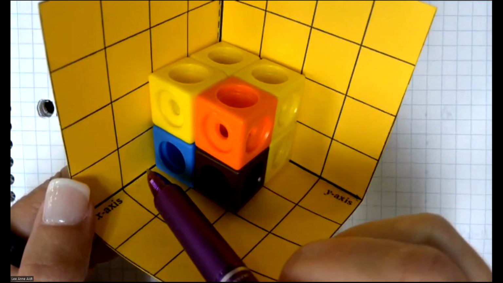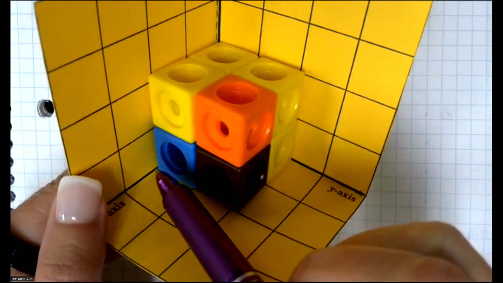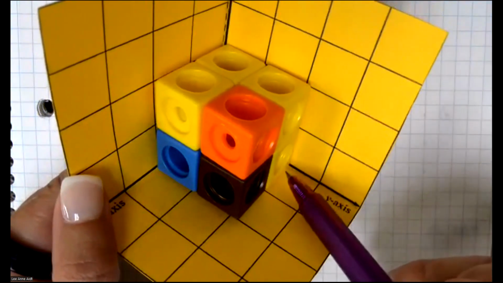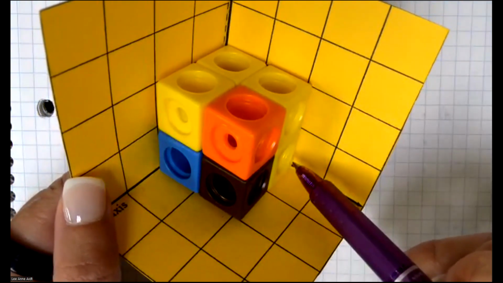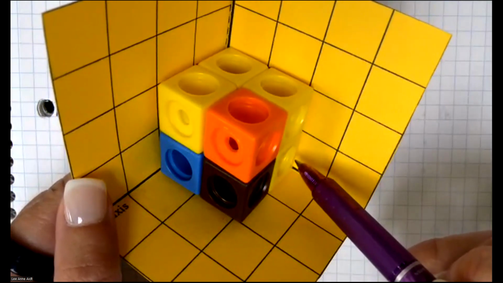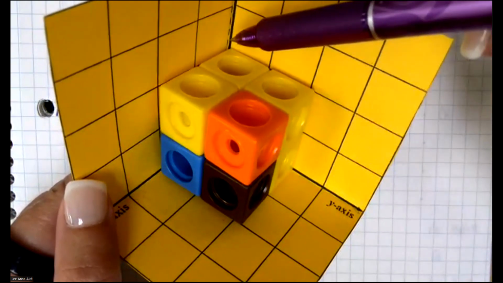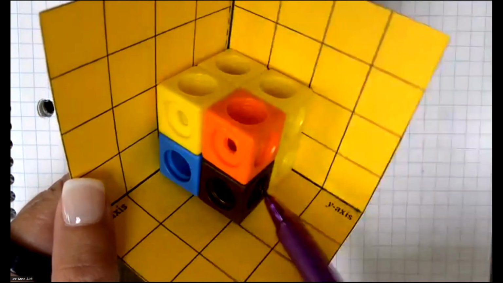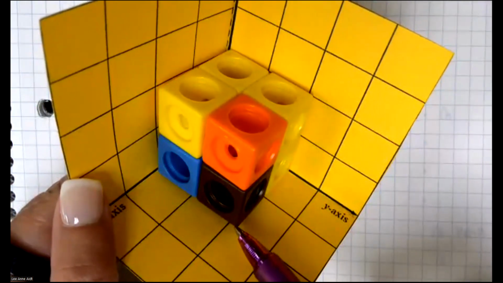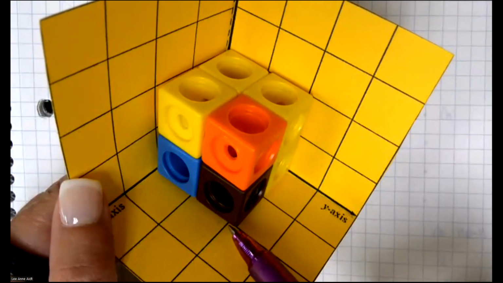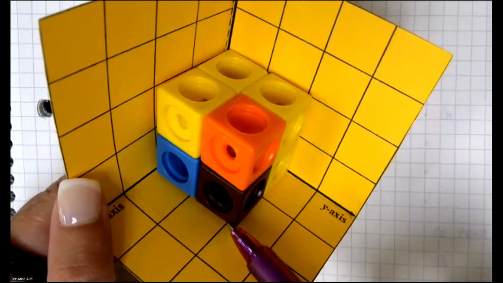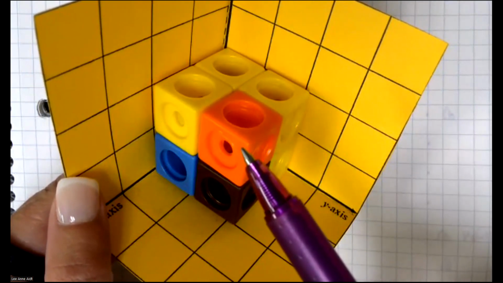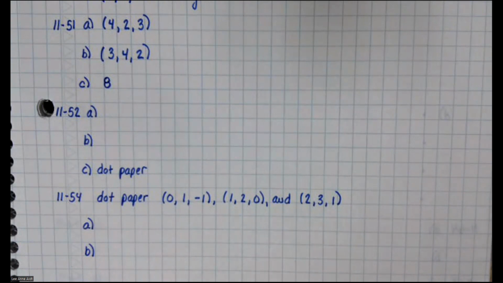Do you see that it's 2, 0, 0? Okay, what's this coordinate over here? 0, 2, 0, nice. What's this coordinate back here? Gorgeous. Okay, what's this corner here? 2, 2, 0. And what's this coordinate here? 2, 2, 2, gorgeous. You guys are so amazing.